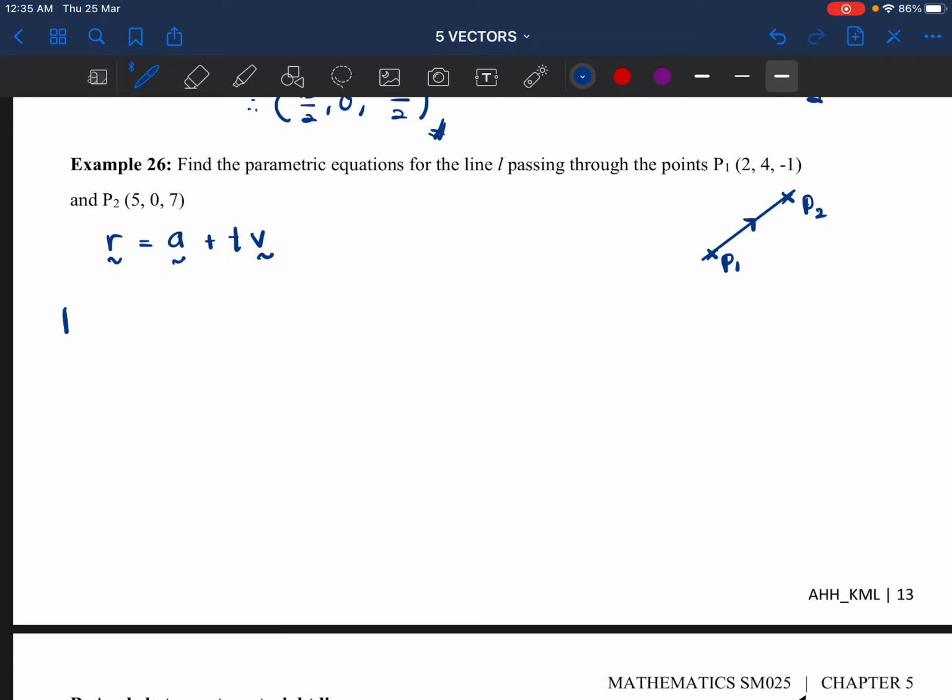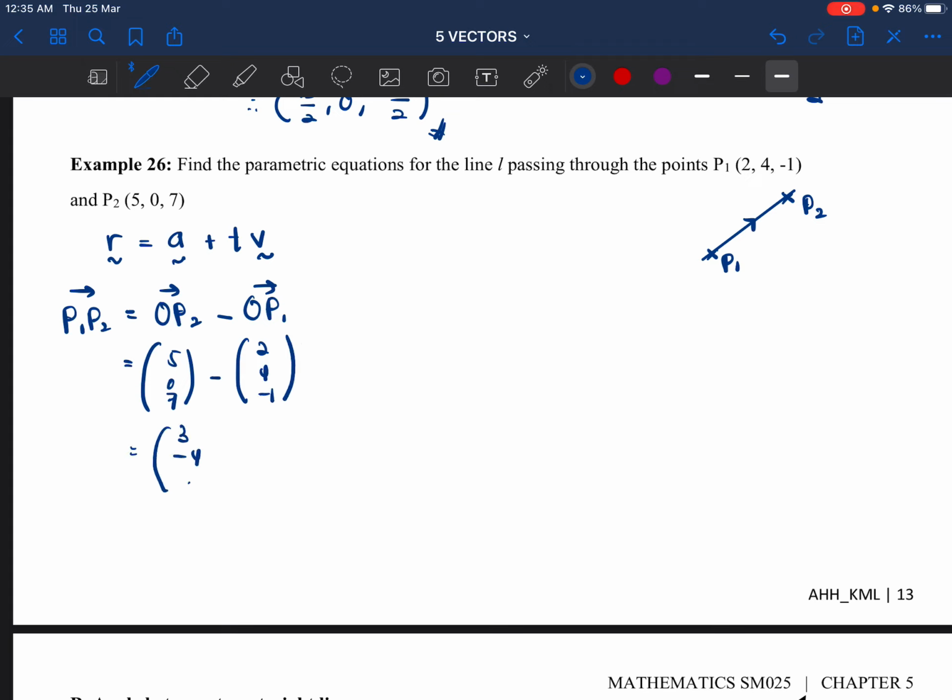So, kita carilah P1, P2, direction vector kita. So, kita ada OP2 minus OP1. So, P2 is equals to 5, 0, 7 minus 2, 4, negative 1. So, kat sini kamu akan dapat 3, negative 4, 8.